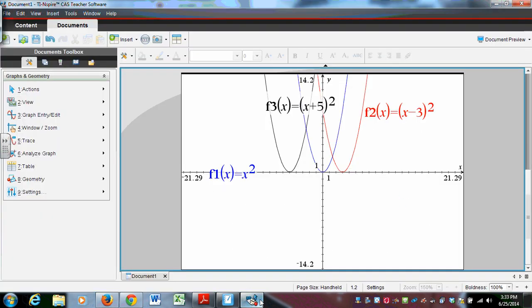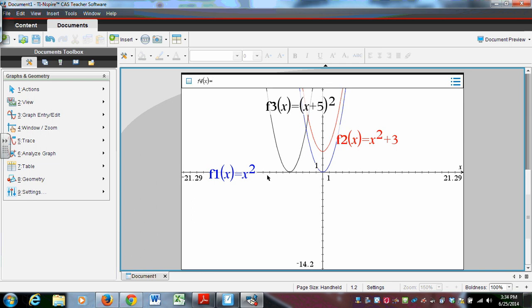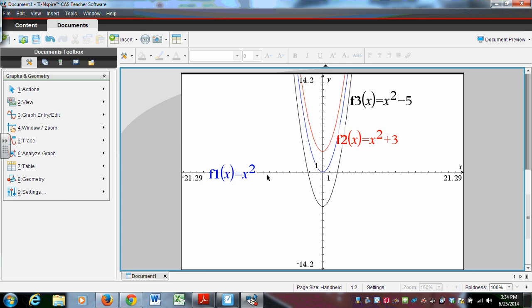Of course, the easier translation to do is to say, I want to know what x squared plus 3 looks like, or what x squared minus 5 looks like.